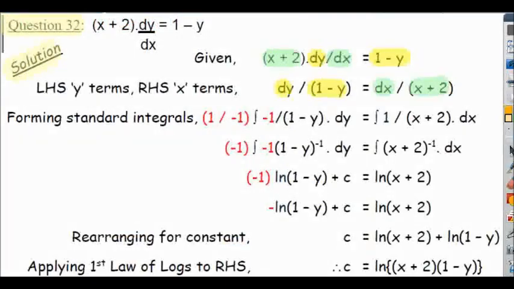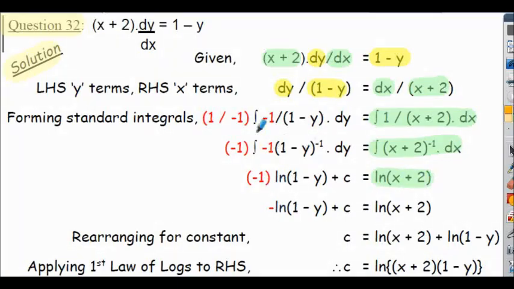So thinking through on the right hand side here, if we differentiate the denominator of x plus 2, the x becomes 1 and the 2 will disappear. So the denominator would be 1 and the numerator is 1. So the numerator is the first differential of the denominator. So it integrates to ln of x plus 2.